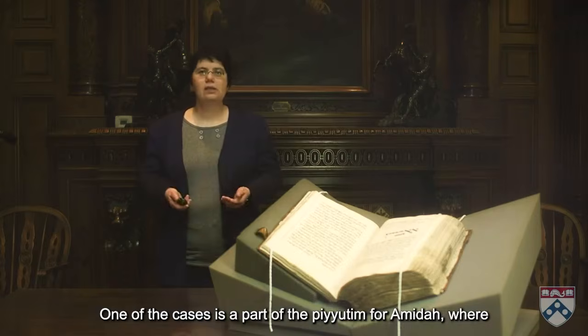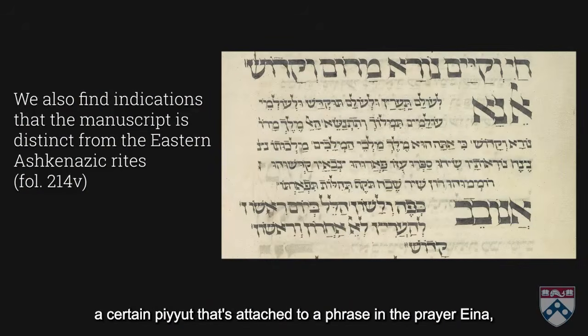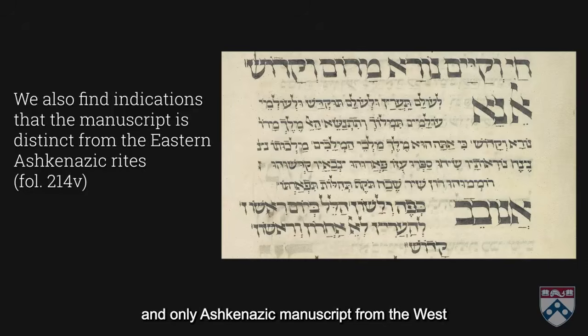One of the cases is a part of the piyutim for the Amidah, where the Eastern Ashkenazic rite simply leaves out a certain piyut that's attached to a phrase in the prayer, Elna. Only Ashkenazic manuscripts from the West actually have poetic embellishment for this section, and all the Eastern manuscripts leave that out. So because our manuscript has it, we're clearly identifying it as being part of the Western Ashkenazic rite.